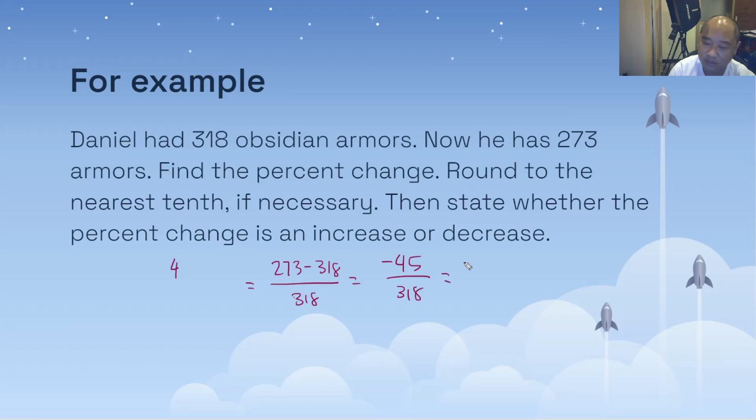And so this is going to be negative 0.142, which is 14.2% decrease. It's a 14.2% decrease, or negative 14.2%, which is a decrease. Okay.